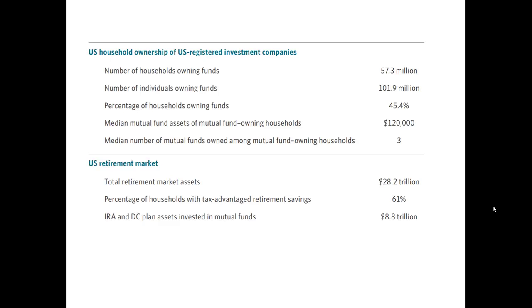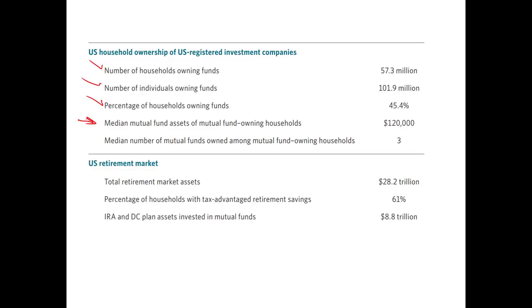In terms of looking at the households and individuals owning mutual funds, they're not all institutions. There are 102 million individuals within 57 million households who own mutual funds. On average, just under half the households in the US own mutual funds and have invested about $120,000. Also, what are these things for?